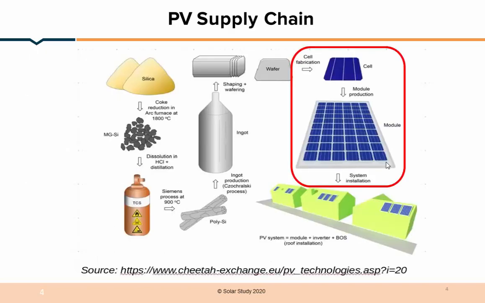So we will start. I previously told that we use silicon material as a semiconductor device. This is the basic PV supply chain, how it is manufactured from silicon to solar module.